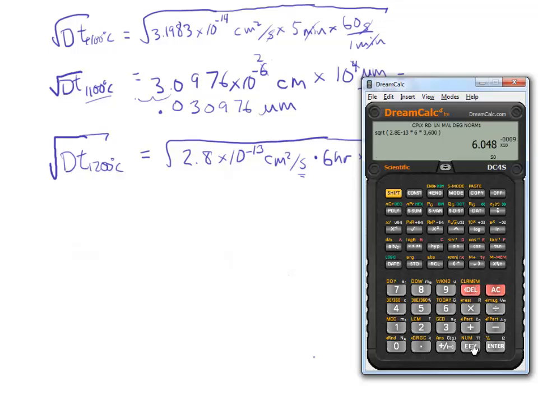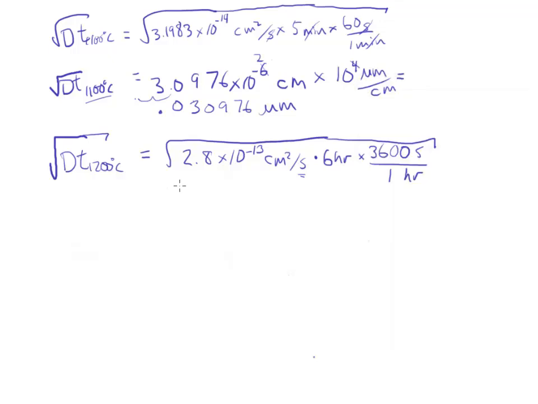Close the parentheses and enter, and that gives us a value of 7.777, I guess all around. So that's 7.777 times 10 to the minus 5, and that is in centimeters.